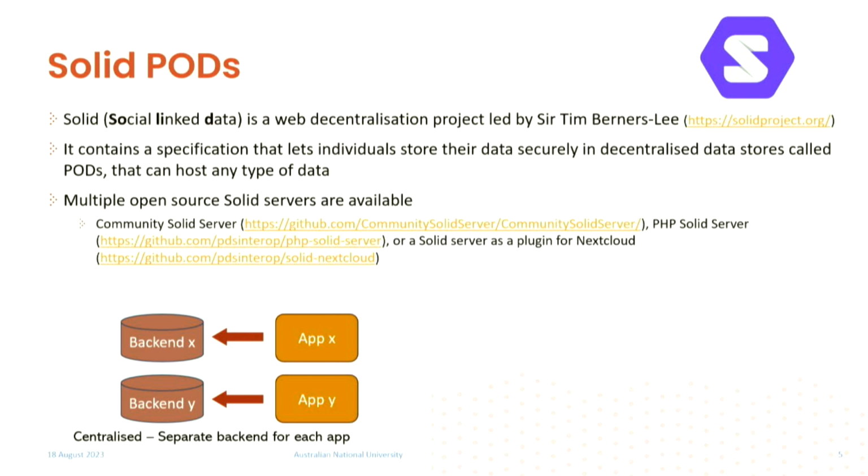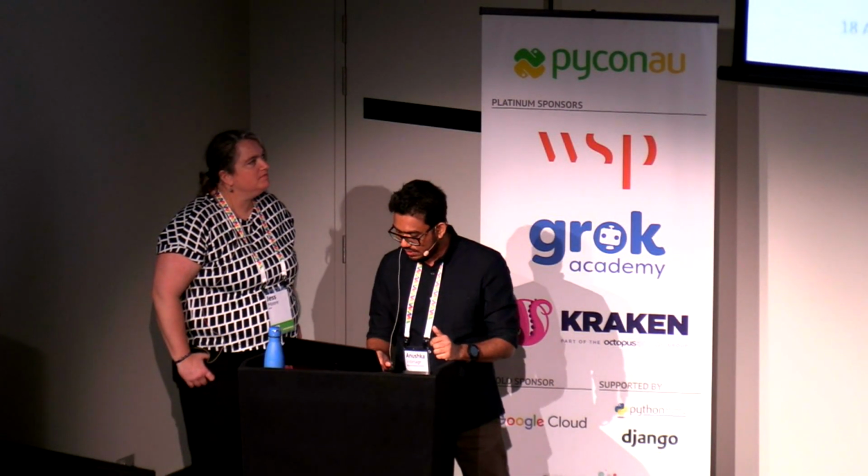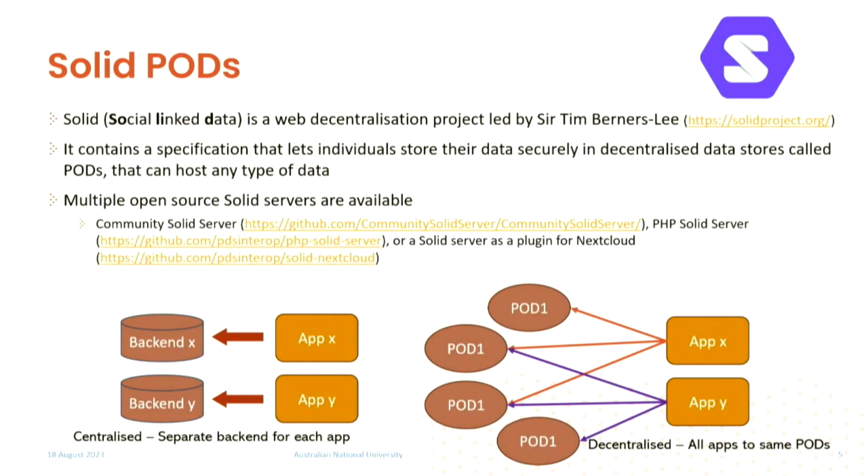For instance, Facebook has their own backend, Twitter has their own backend. But with these Solid pods, you will have a single backend, which is your own pod, and the apps and the services will be asking for your permission to use your own data, and in return, give the service to you. Right.